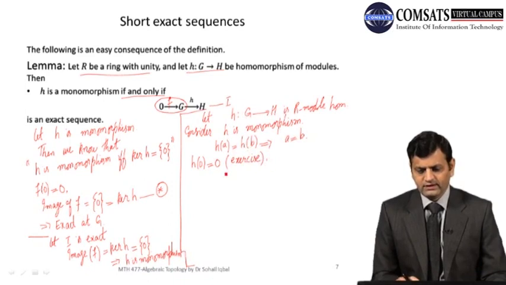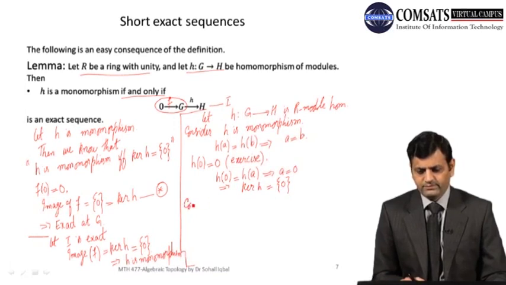So in other words, any other element of G can't be mapped to 0 of H. For example, if h of 0 is equal to h of a, where a is any other element of G, then this implies a is equal to 0. So only the 0 of G will be mapped to 0. So we can say that the kernel of h is equal to 0. Using the properties of monomorphism, we have proved this.